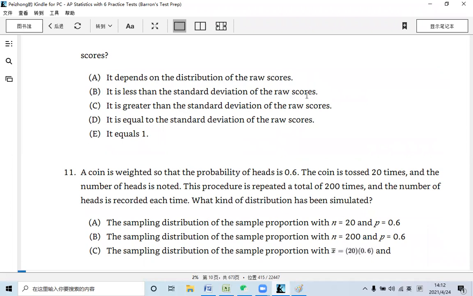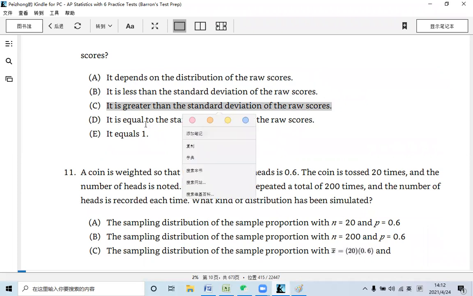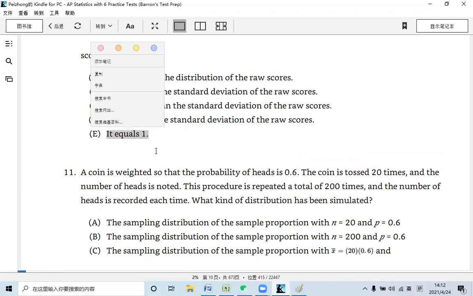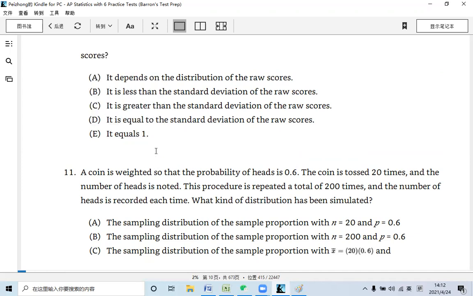Are they greater than the standard deviation of the raw scores? It is equal to the standard deviation, it equals 1. All z-scores have a standard deviation equal to 1. This is a good answer.